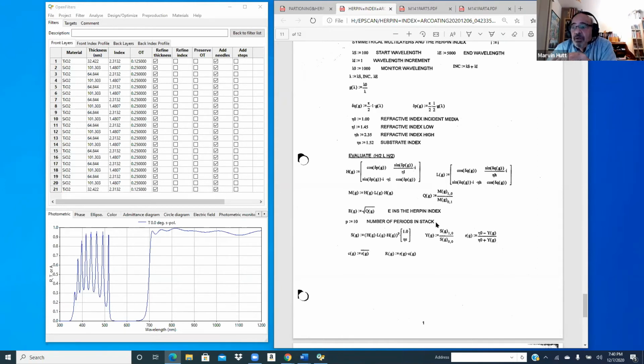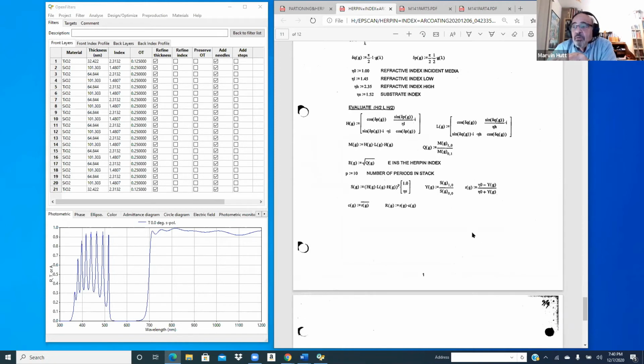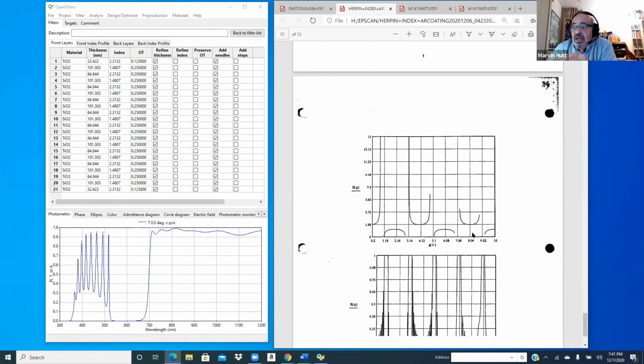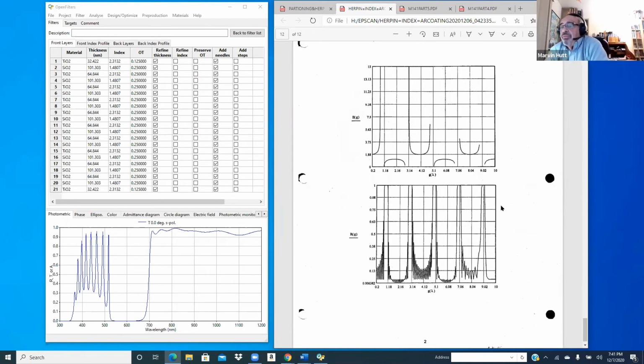And P is the number of periods, so the signal is H to the P, 1 over A to N. That's the reflection, okay? YG is this, NG is this. And so one plots it for these things, and there we have the 1, 3, 5, 7 stack. Here is the equivalent index, okay? Remember, the oscillation is between the substrate, which is 1.55 down here, okay, in here, 1.55.